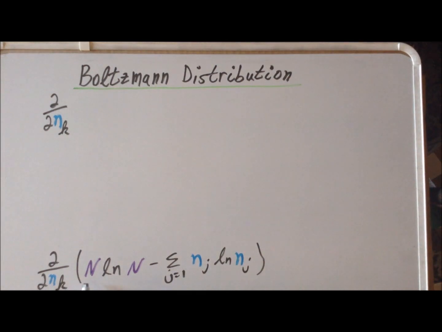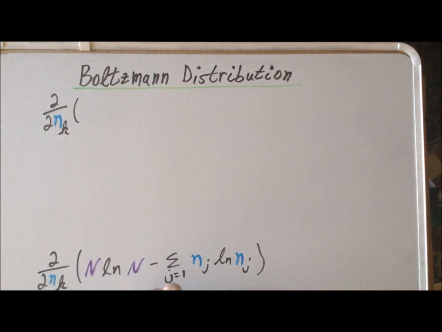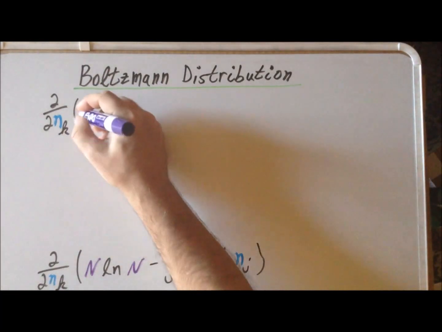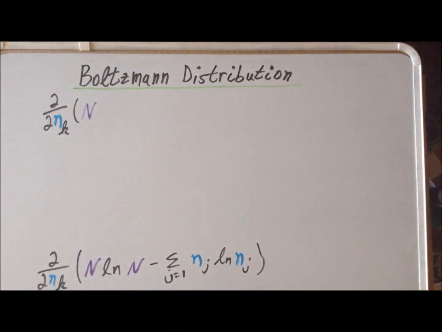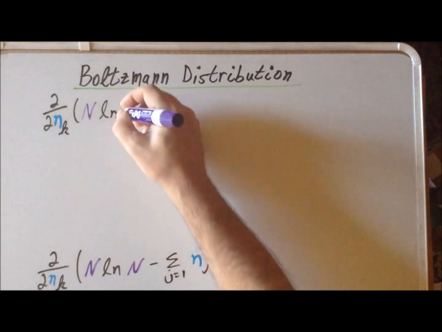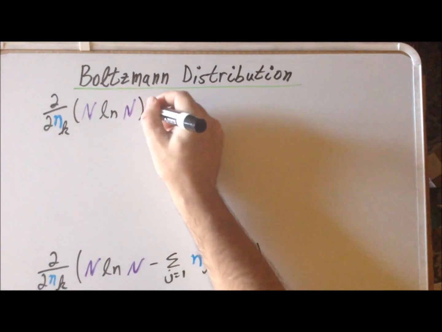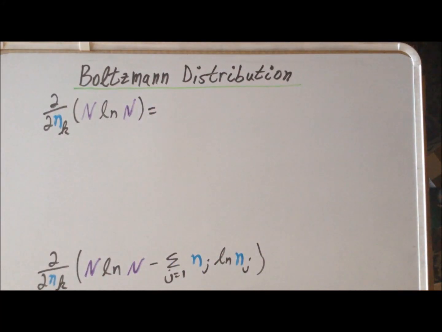Now for the derivative of big N times the natural log of big N. We realize that we have the derivative of a product.